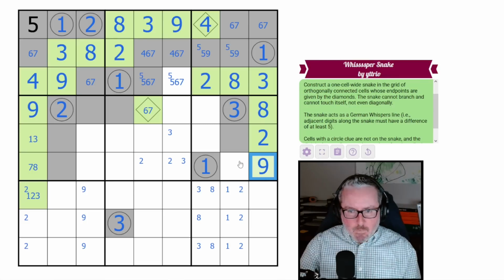Okay. Now again, one of these 2 is going to be connected to our 9. Whichever one it is going to be a 4, because 1s, 2s, and 3s are taken everywhere. So one of these is going to be a 4. I don't know which one it is yet, though.